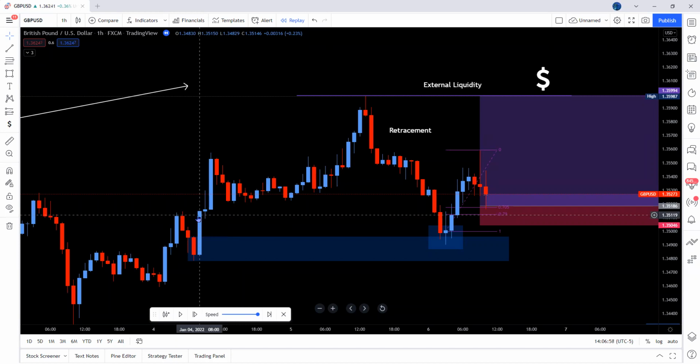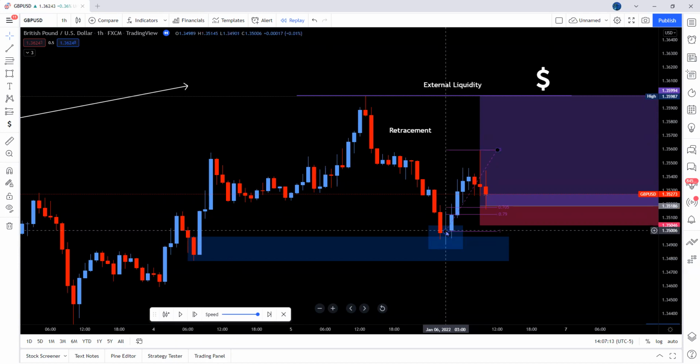So very often that does happen. In my opinion, it's not completely mitigated. There's still a chance that price will come back and react off of it again. But I see that often on the 4 or the 1 hour, and I'm like, is it mitigated or not?